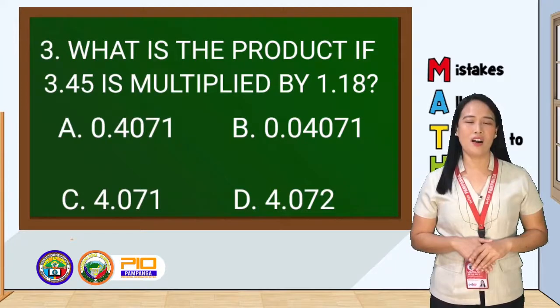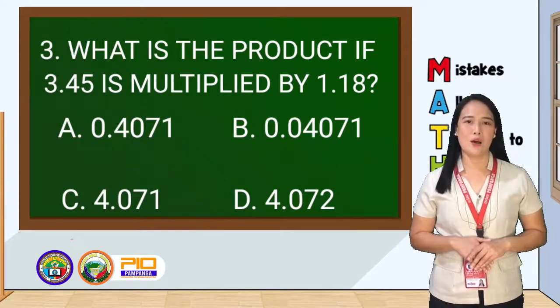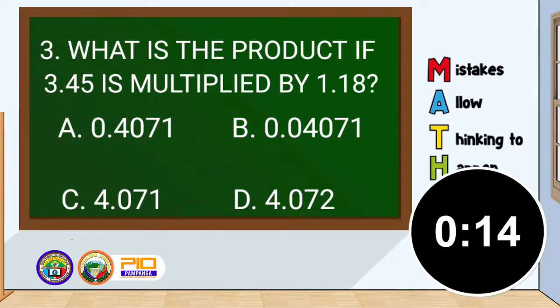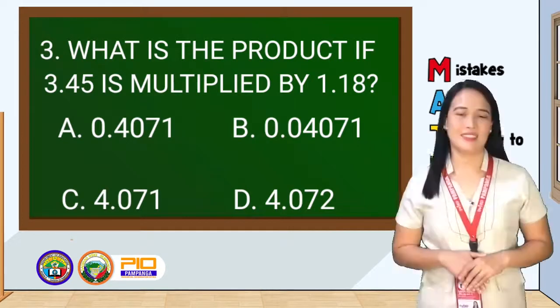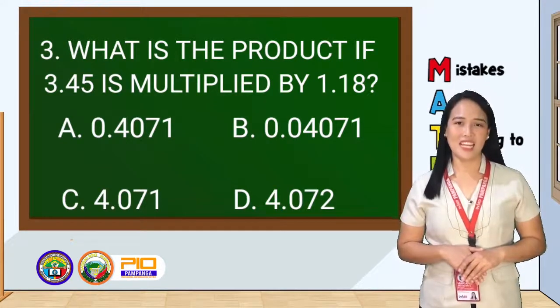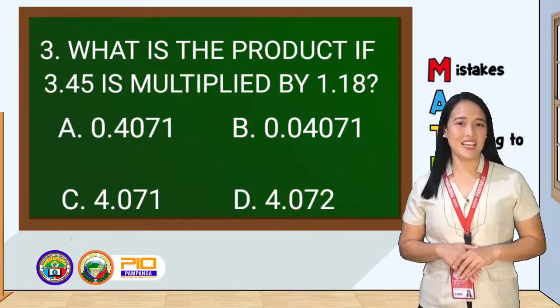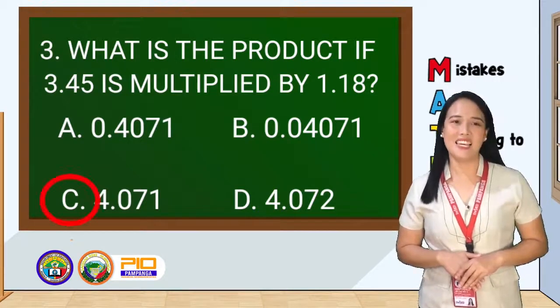D, 4 and 72 thousandths. For number 3, the correct answer is letter C.